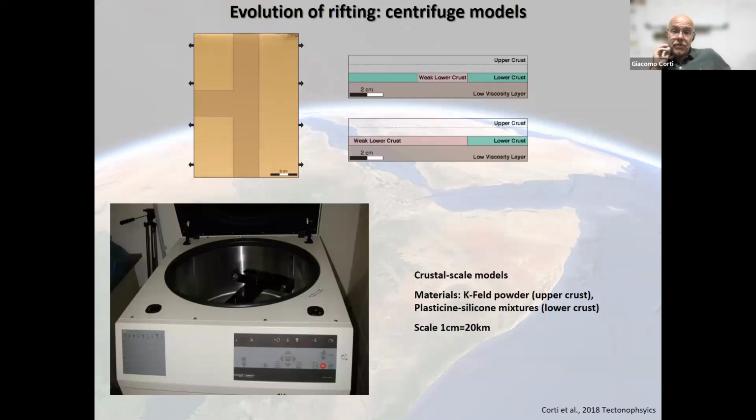And I was telling you before about the analog modeling approach. In this case, we have run very simple analog models to analyze the influence of these transversal weaknesses on the development of these asymmetric portions of the rift. Here, I just show you very quickly this kind of modeling which I use to investigate these processes.